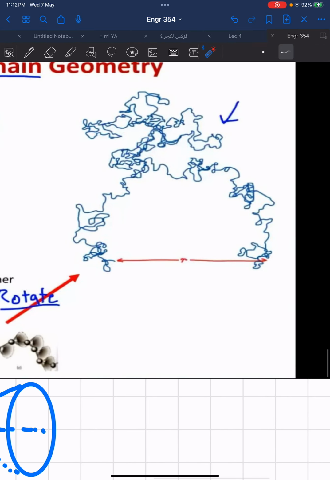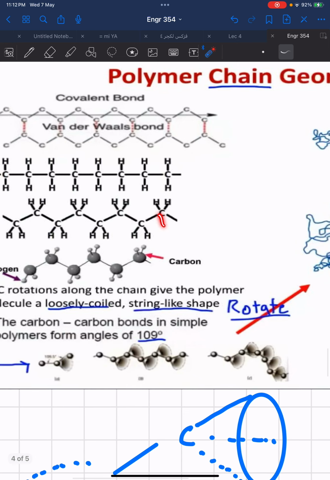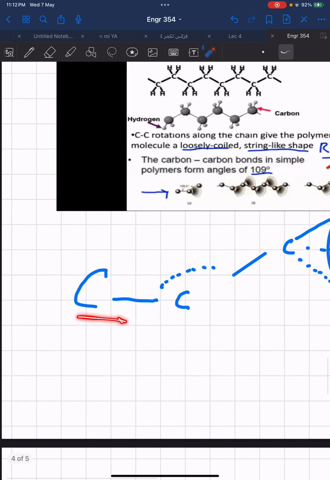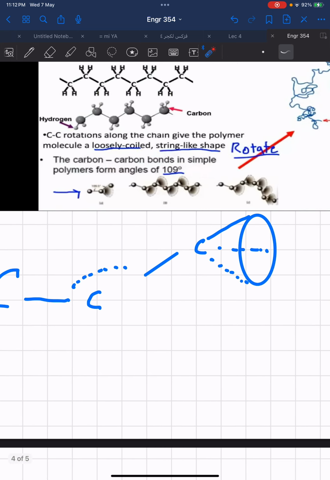If we want to understand what this is exactly, we have to understand that the centered carbon unit rotates every time by 109 degrees. So basically, if we start like this, it will rotate 109 degrees. It either has two options, it either rotates from this side or this side.